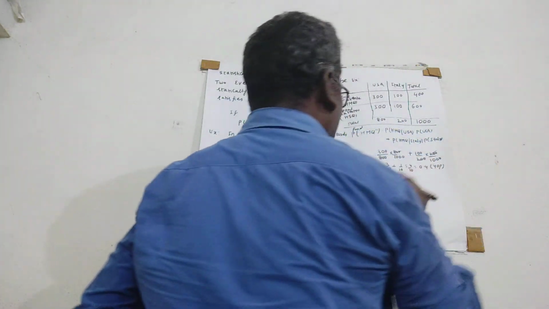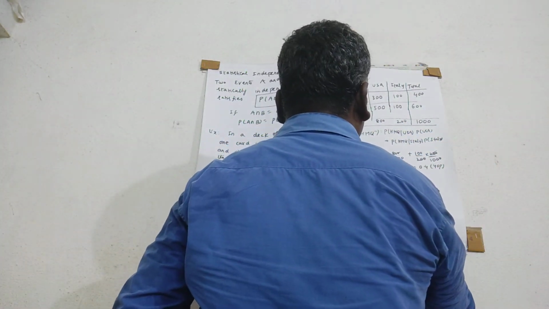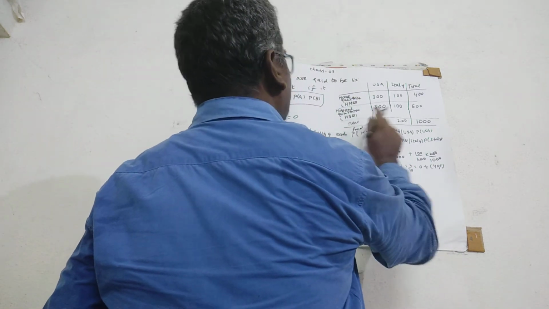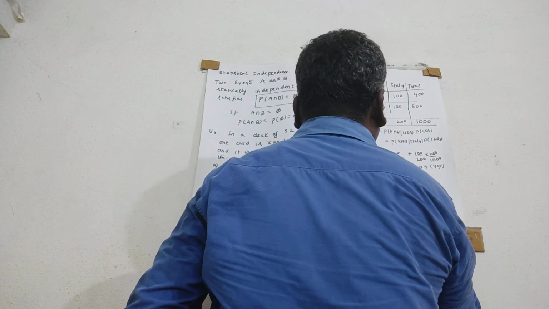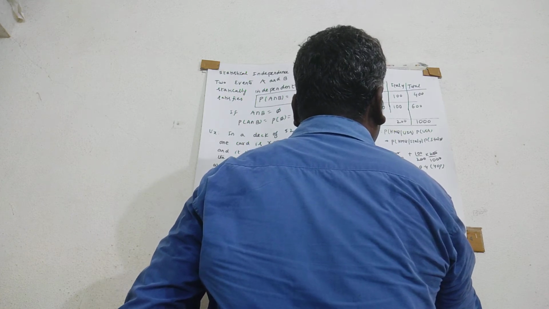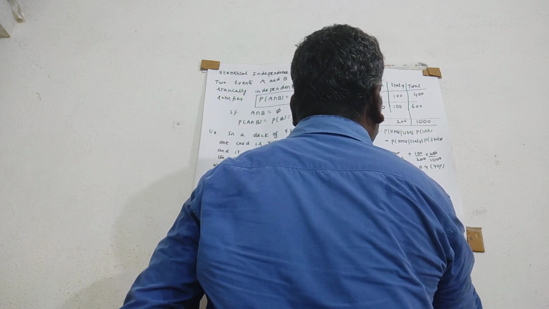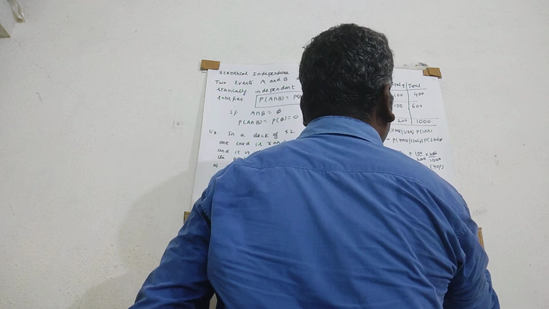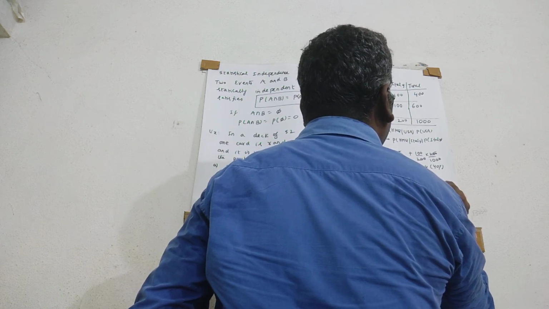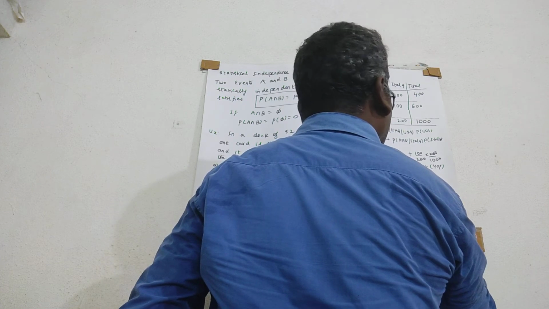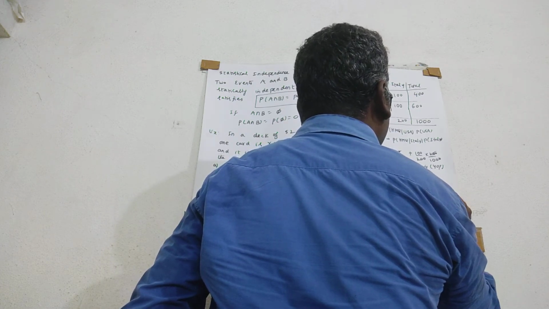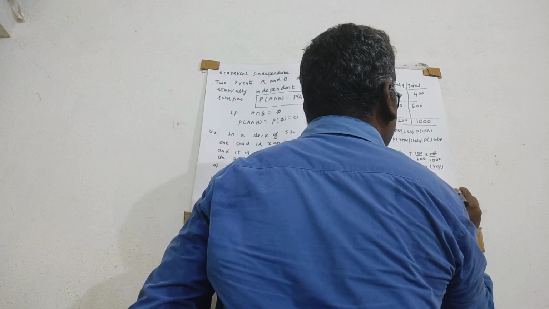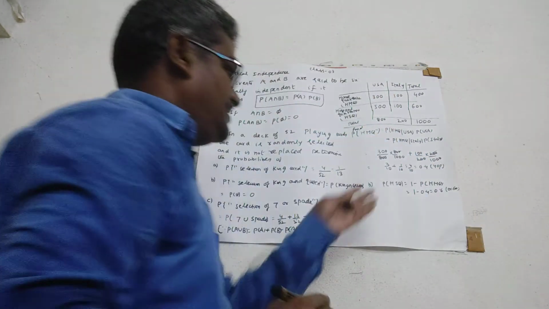Here we can go directly by a simple formula. How is it being marked here? HSQ. Hence probability of HSQ is equal to 1 minus probability of HMQ. How much is it? 1 minus 0.4 is equal to 0.6. What does it mean? 60%.